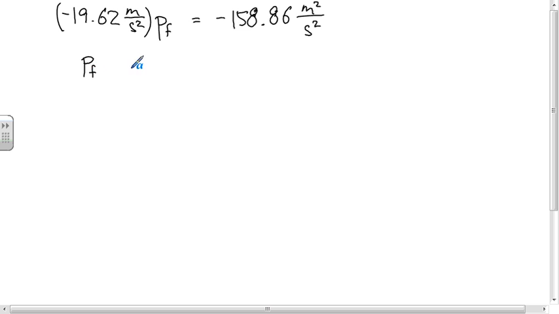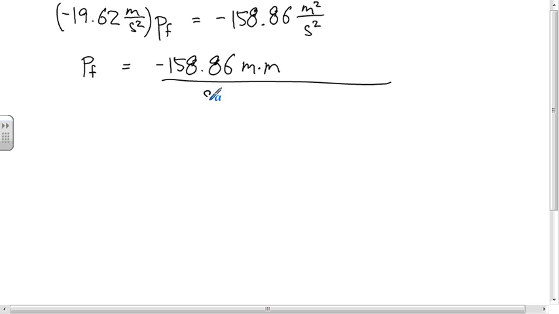So PF is equal to, so I have the negative 158 meters squared per second squared. I'm dividing by the negative 19.62 meters per second times seconds.